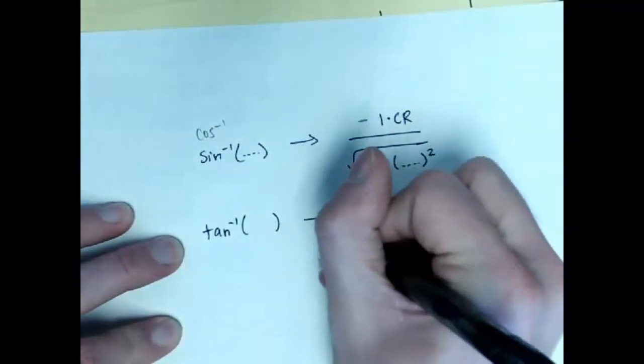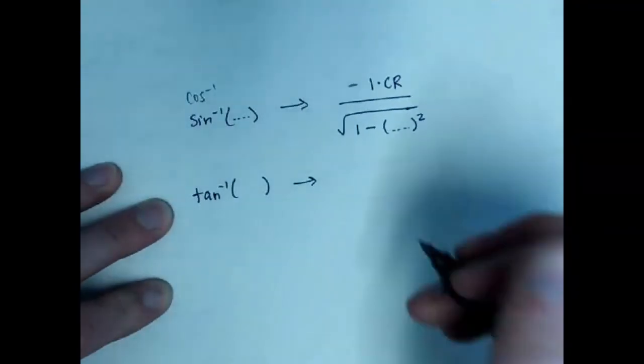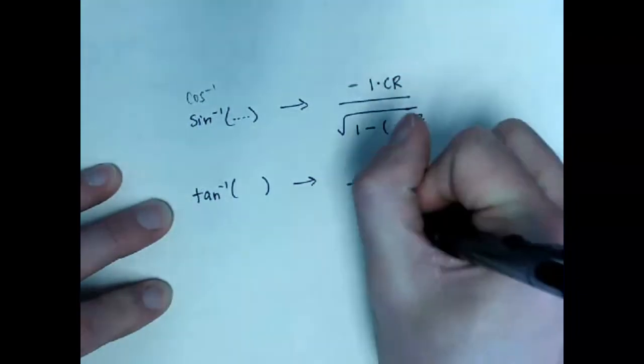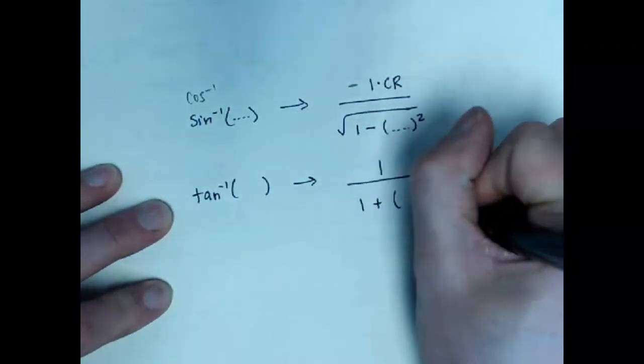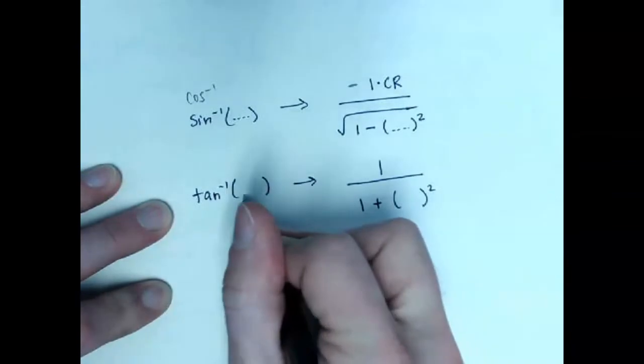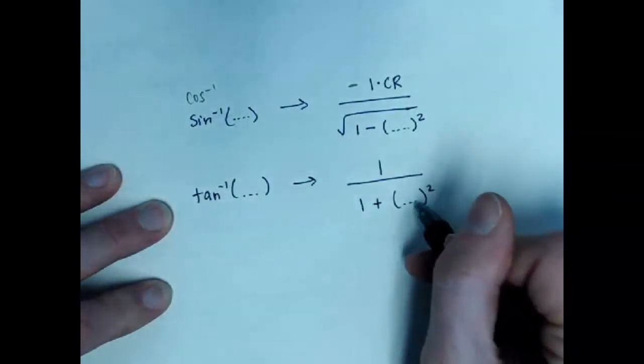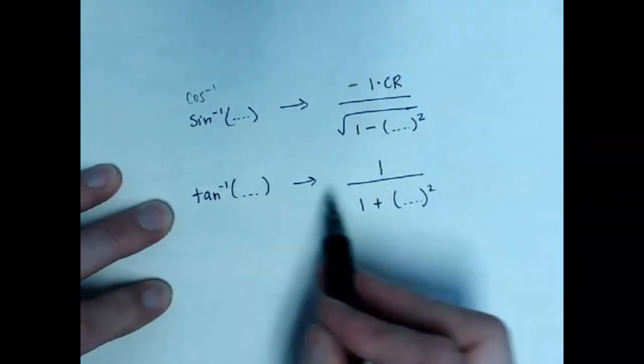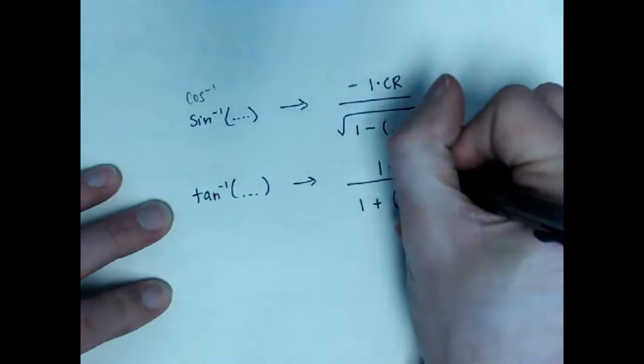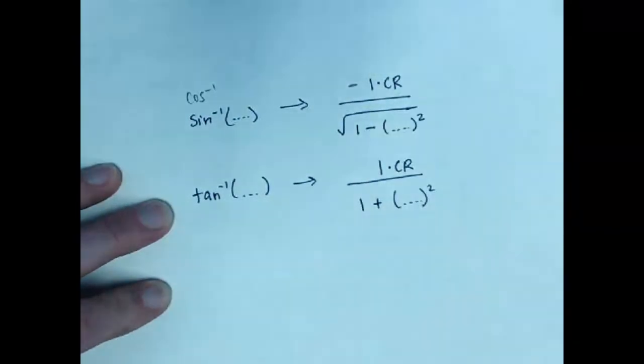Okay, tangent inverse of stuff. Tangent inverse is the nicest of these 3. It's 1 over 1 plus stuff squared. Whatever was inside would then copy, and then you think, okay, as I copy that, do I need to do chain rule? If the answer is yes, then you just stick the chain rule derivative in the top.